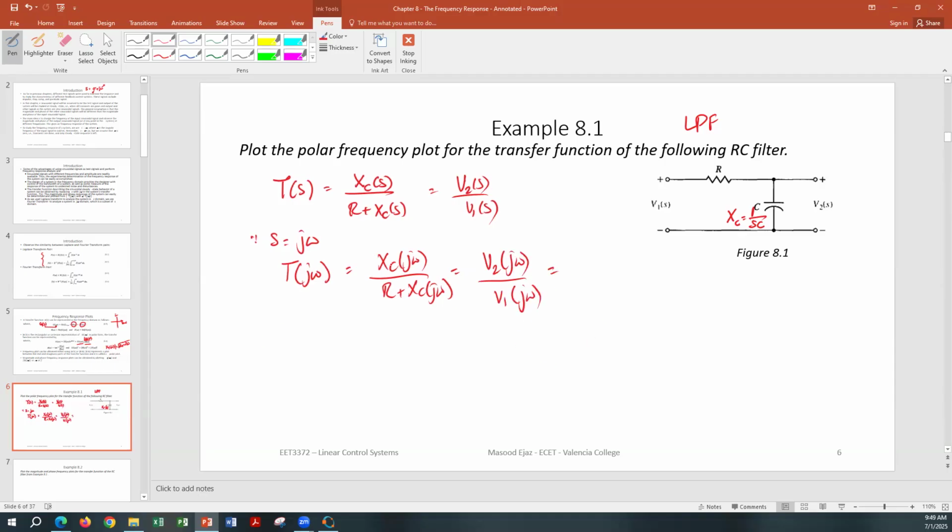XC of j omega, S is equal to j omega, that's going to be 1 over j omega C over R plus 1 over j omega C, which will be 1 over 1 plus j omega RC.